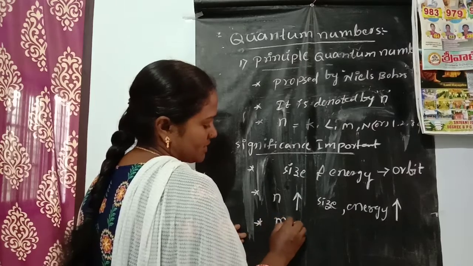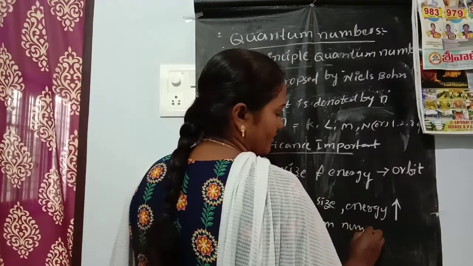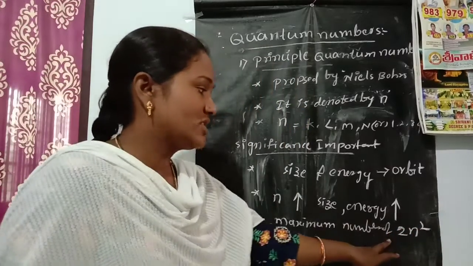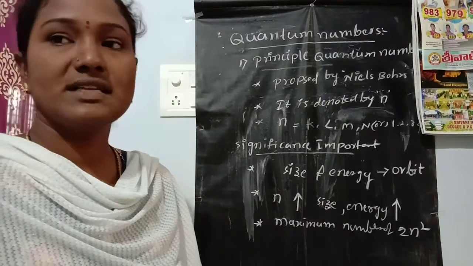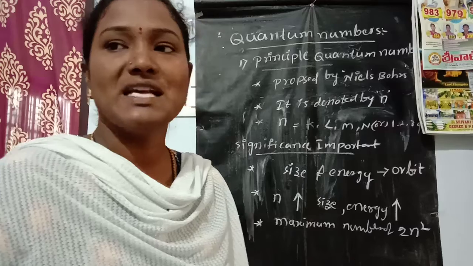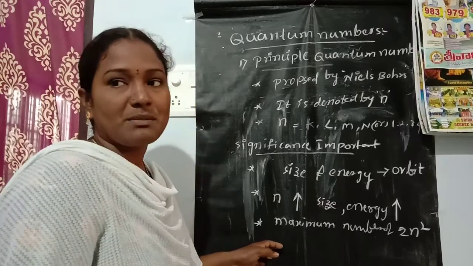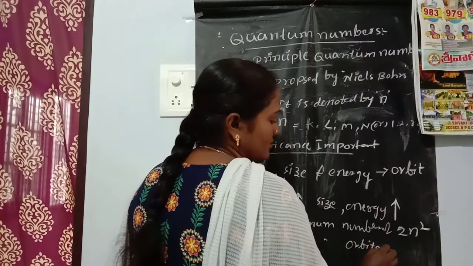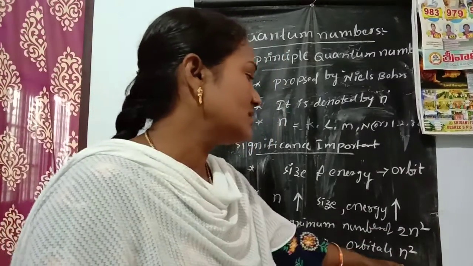The maximum number of orbitals present in the main energy level is given by n square only. Maximum number of electrons is 2n square, maximum number of orbitals is n square only.